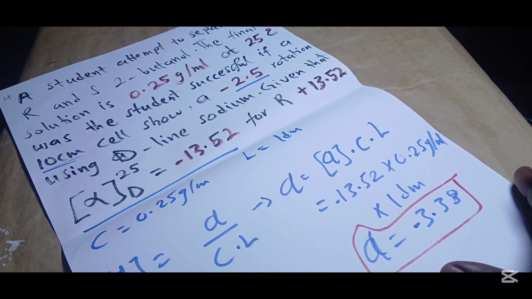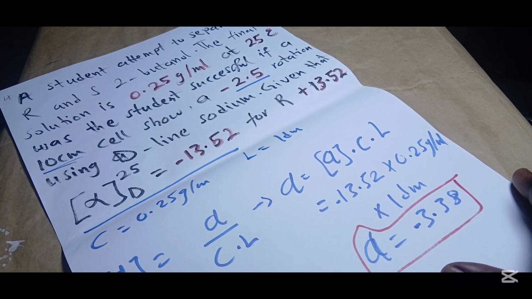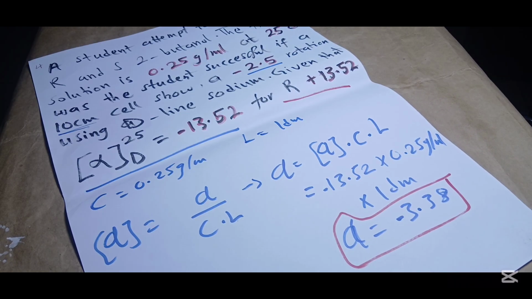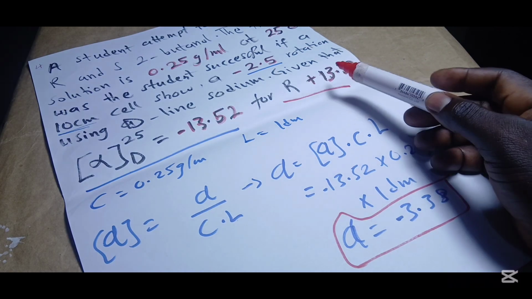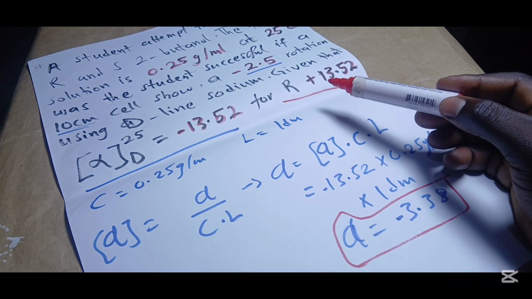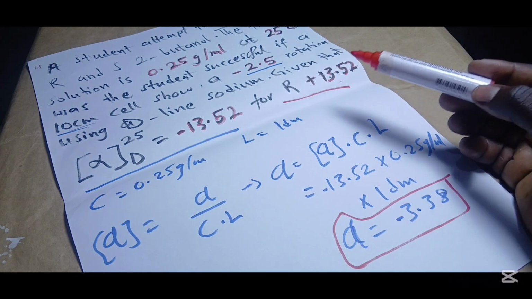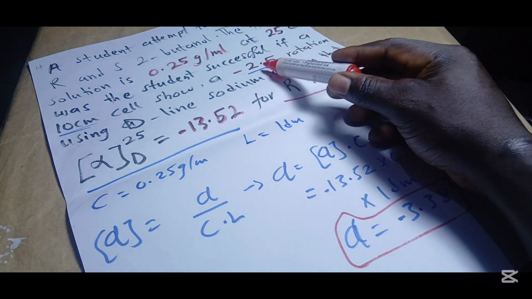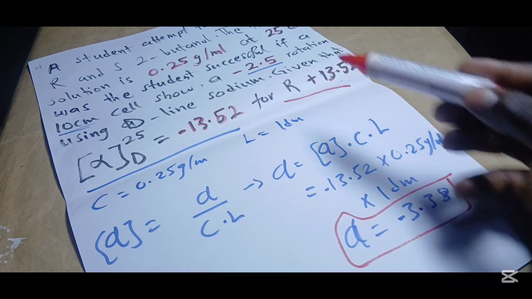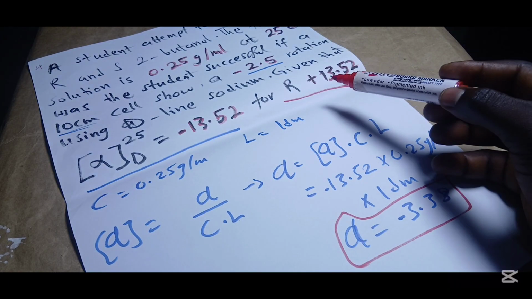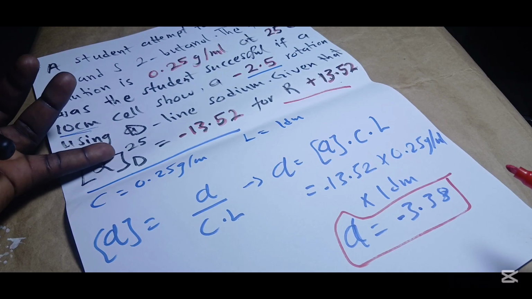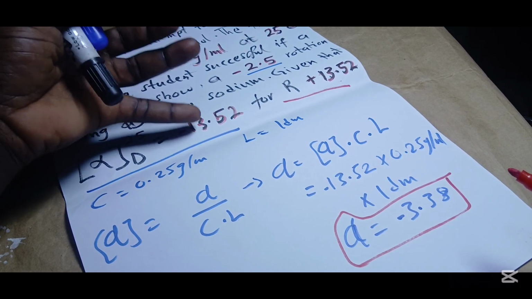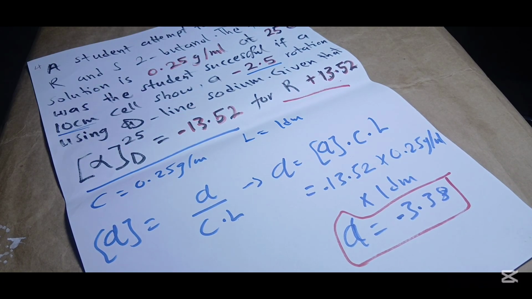But the student had his observed rotation to be minus 2.5. Let me take that again. The student is interested in separating the R enantiomer from the S enantiomer of 2-butanol, and he had an observed rotation of minus 2.5. But to separate completely the R enantiomer of 2-butanol, your specific rotation should be minus 13.52, right?